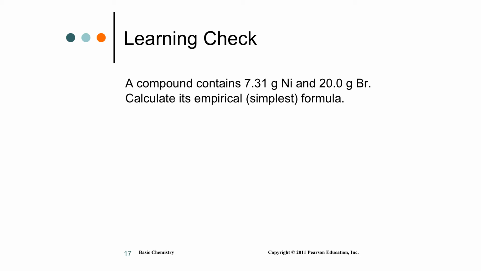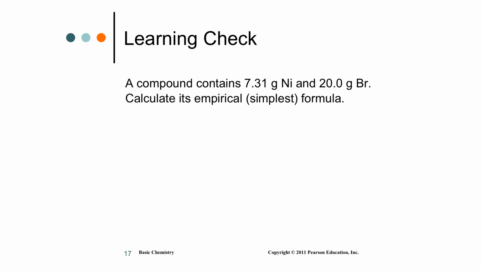A compound contains 7.31 grams of nickel, 20 grams of bromine. Calculate its empirical formula. Now if I've got 7.31 grams of nickel and 20 grams of bromine, these are weights, I want numbers, because eventually I'm going to get a formula saying 1 atom of this to 3 atoms of that, or 6 atoms of this to 4 atoms of that.